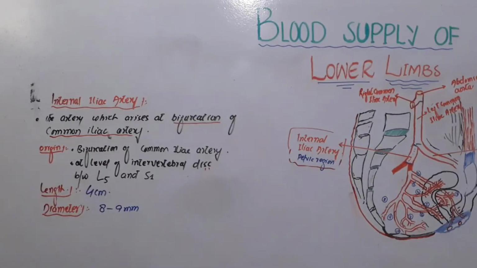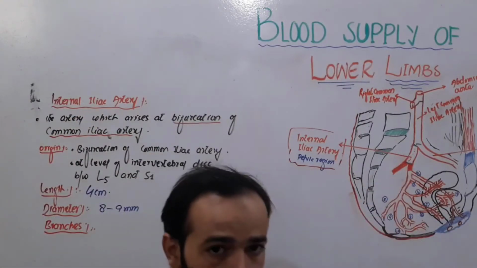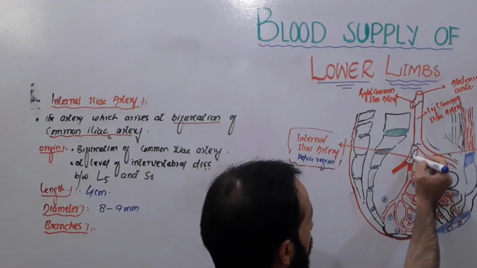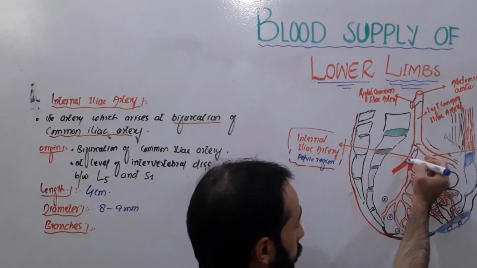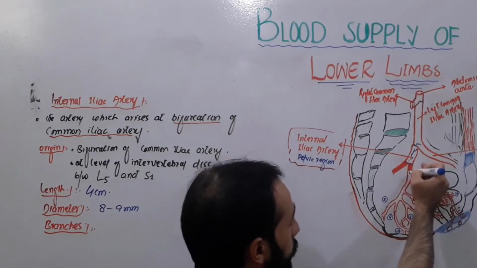And how many branches does it give? As I told you previously, this internal iliac artery gives off two big trunks. This is our internal iliac artery, it comes down and gives the posterior trunk and the anterior trunk.